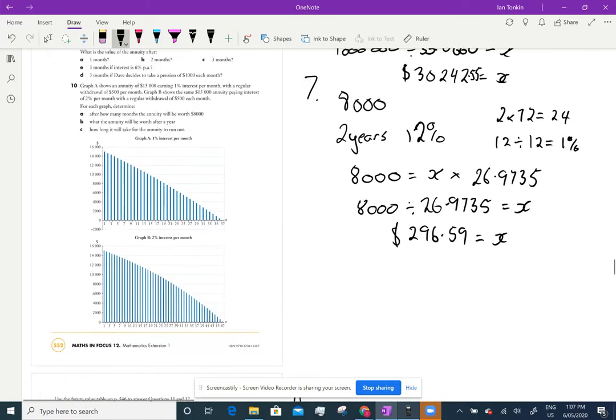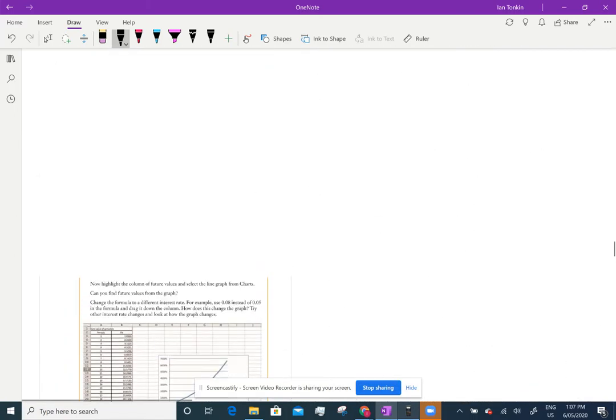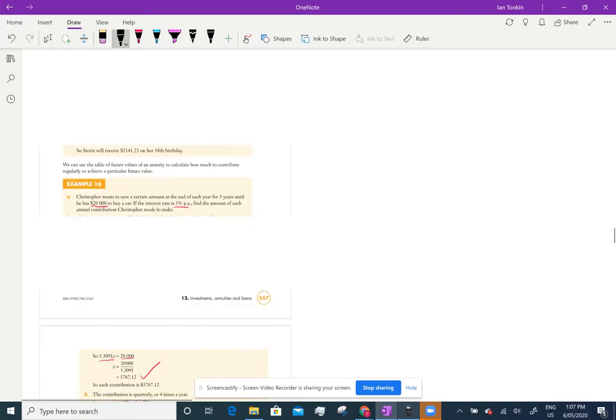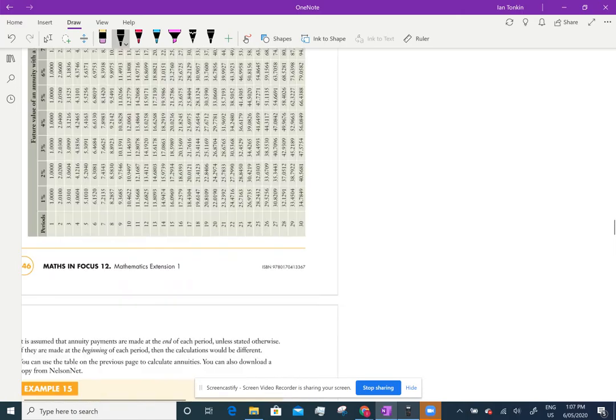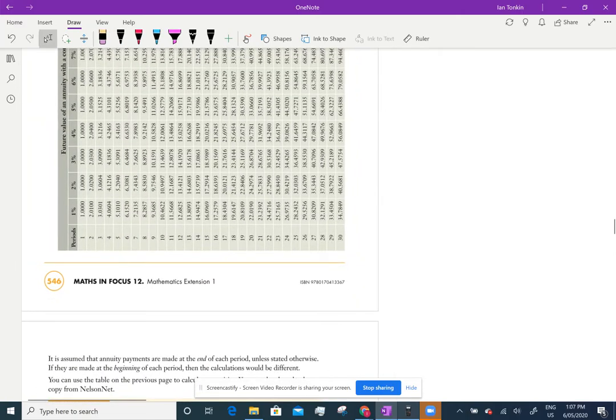So I go to the table, and I'm looking for 25. So 6%, and we're looking for a number that's 25. And we can see that it's going to be somewhere there.